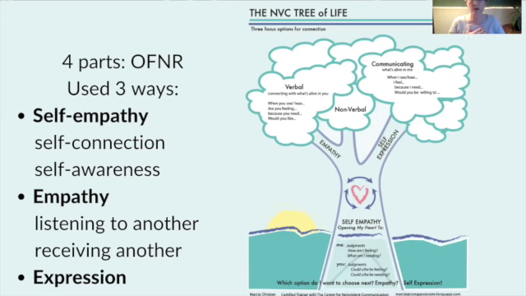As part of my own self-connection, I'm checking in with what judgments they might be having, what thoughts they may be having, what feelings they could be having, and what they could be needing. So I'll do the 2 separate processes for the self-empathy piece as a way to use the model for the base of this tree.